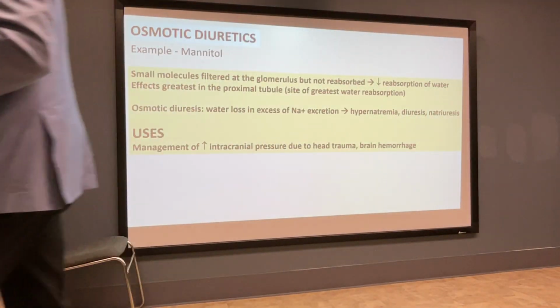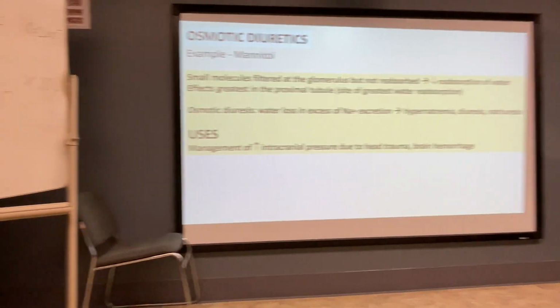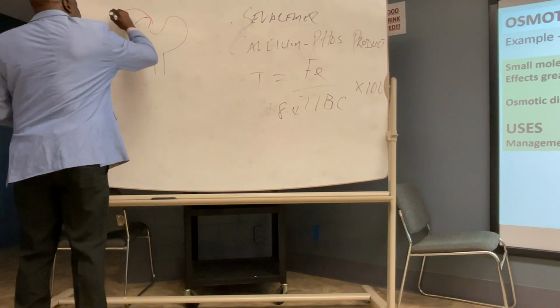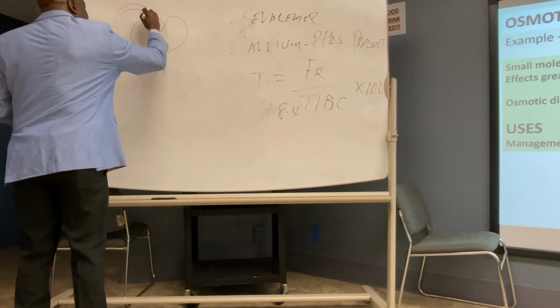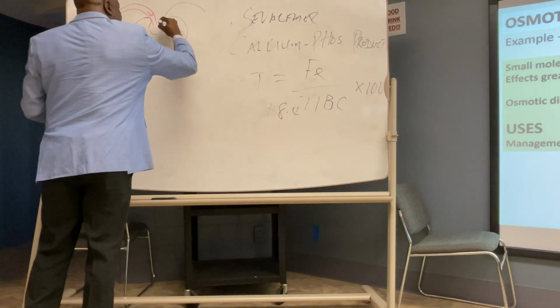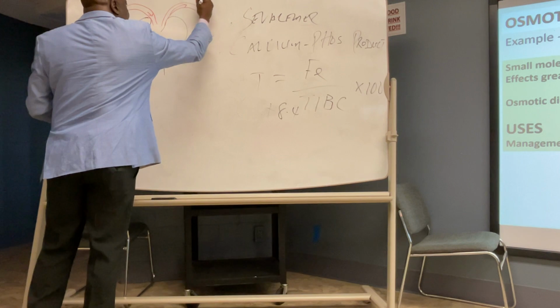I just want to remind you that when you have the glomerulus this way, you have the afferent arteriole supplying blood into the glomerulus, and you have the efferent one taking blood away from the glomerulus.